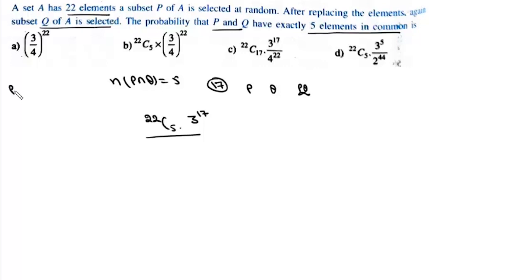Either it'll go in P alone or in Q alone or in both P and Q or in neither P nor Q. So there'll be simply 4 multiplied 22 times. So this value will be 22C5 times 3 to the power 17 upon 4 to the power 22. Now 22C5 is same as 22C17 and that's your option C.